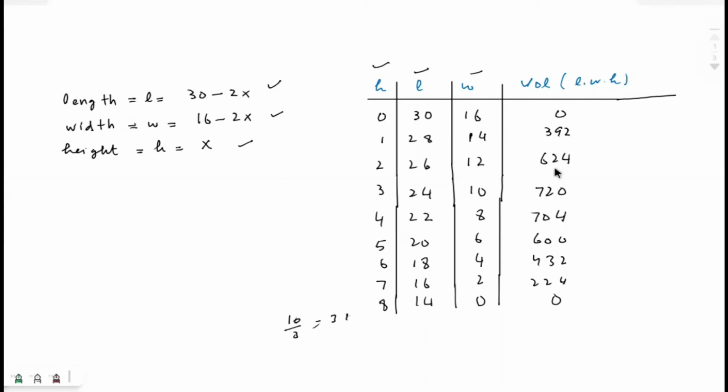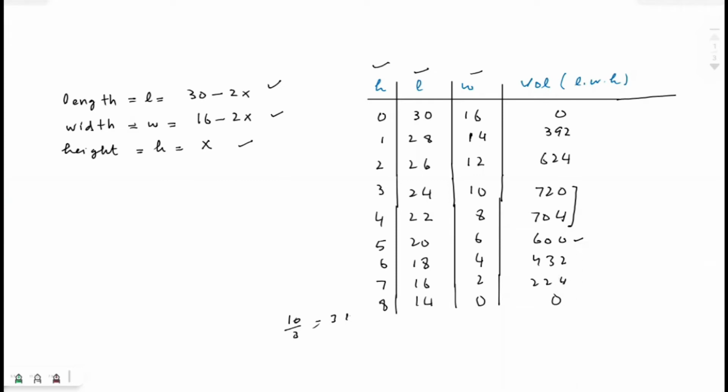So product would be 624, and you can see that it is increasing. For height 3, the length is 24, the width is 10, and the volume is 720. But when x is 4 or height is 4, we see that the volume is 704. So it starts decreasing now, and after then it keeps decreasing until it's 0.